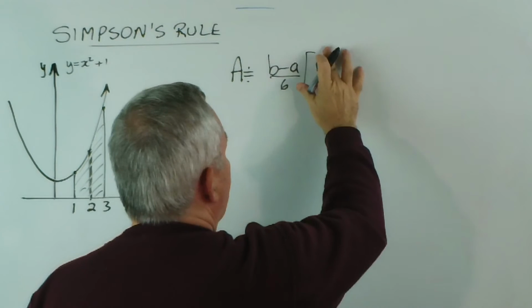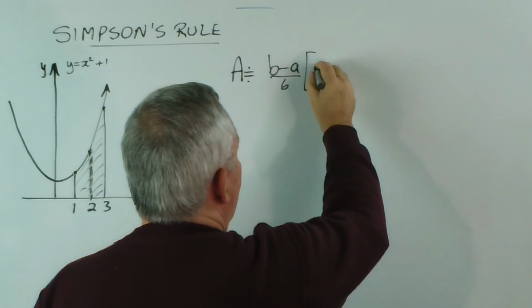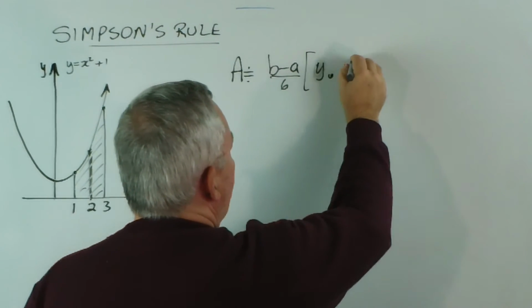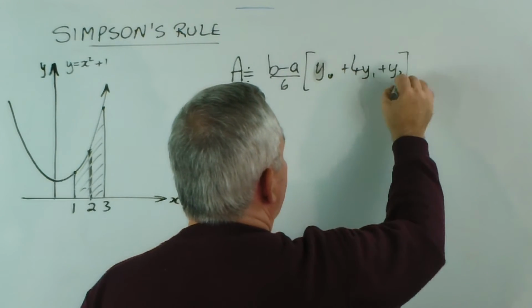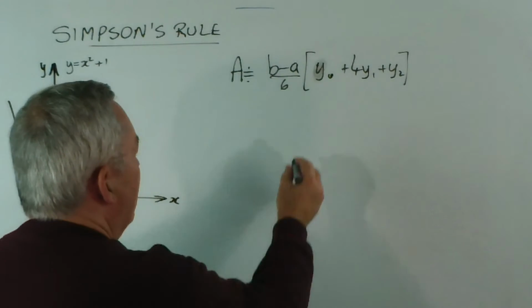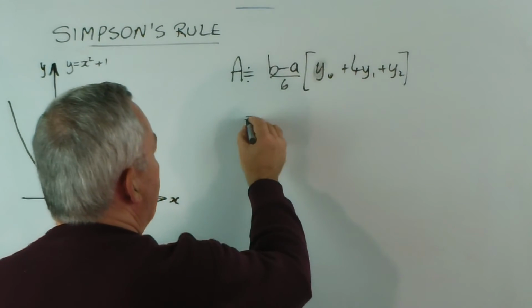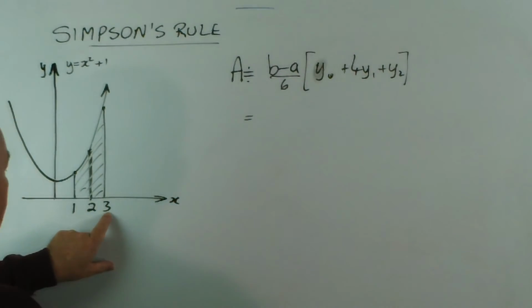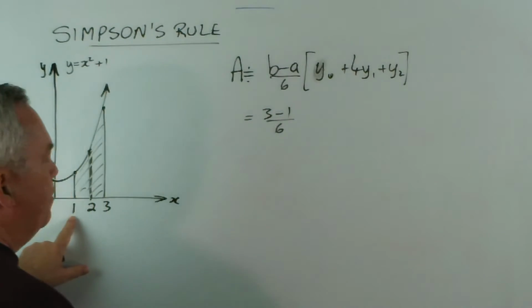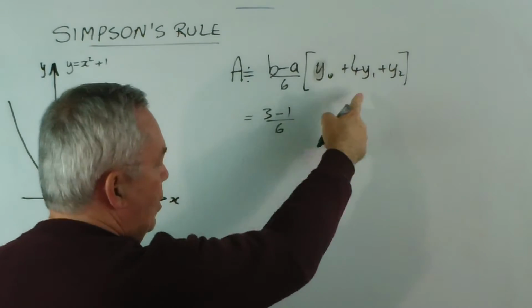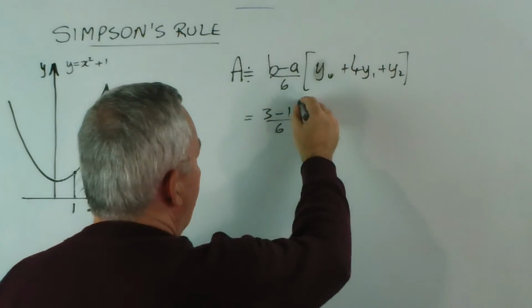Sorry, I was going to use y notation, not function notation. y0 plus 4 lots of y1 plus y2. And to find this area, we would say b minus a, 3 minus 1 over 6. I do prefer the 6 underneath, and I'll show you that later.